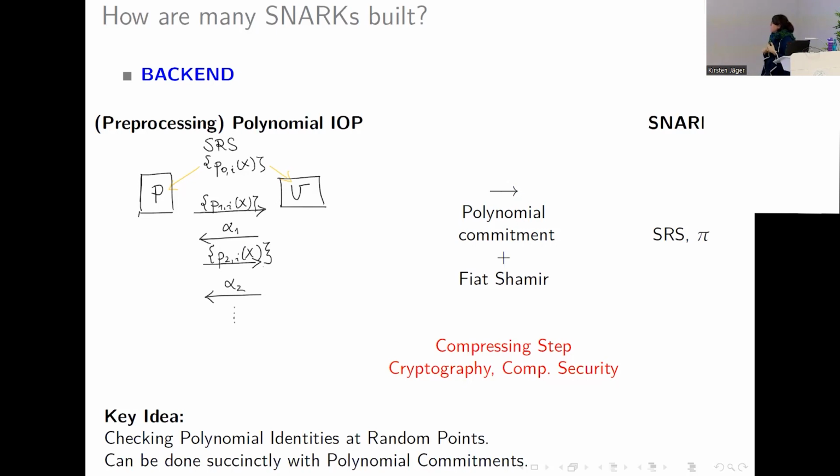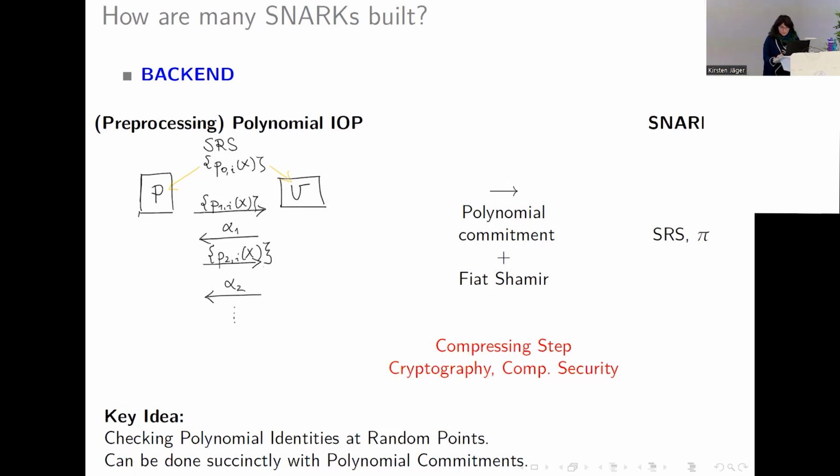The important thing to know is that in this last step is where we really have some cryptography. So we have a compressing step. Here's where we get computational security. Everything else was just rewriting things in a specific way.